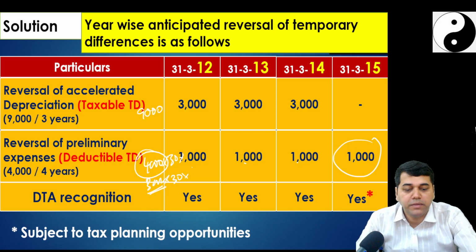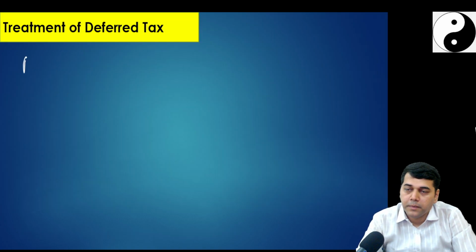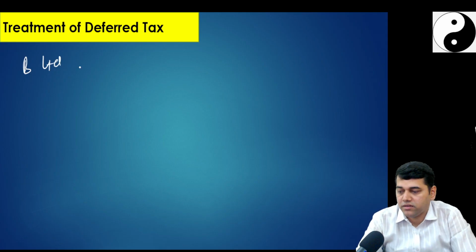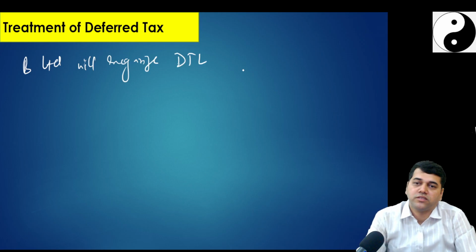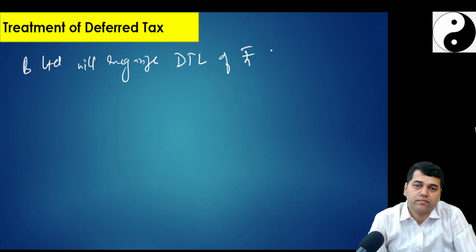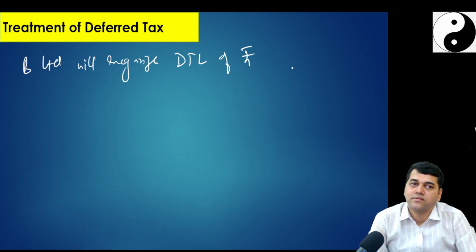Yes, now treatment of deferred tax. Write the heading, treatment of deferred tax. B Limited will recognize DTL. How much? Can you tell me, students, how much DTL I should recognize? Yes, Prithvi.